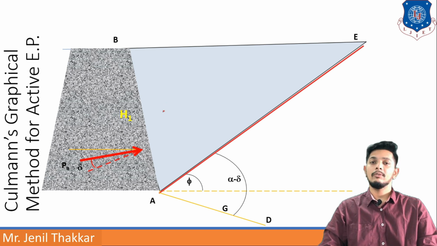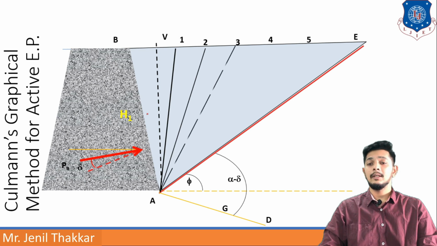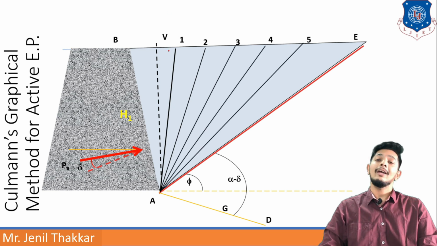Where active earth pressure will be acting, we can show a point, with PA acting at the angle delta. Now we have to draw an arbitrary failure plane like this. I have drawn all 5 arbitrary failure planes, but first of all we will do AB1.